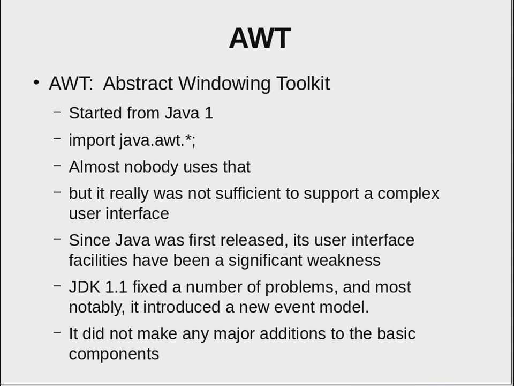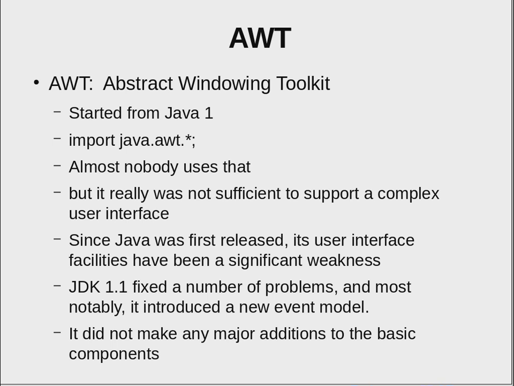Java supported development of graphical applications from version 1, and this framework was called AWT, from Abstract Windowing Toolkit. What you need to know about it is that almost nobody uses that, because it was slow.